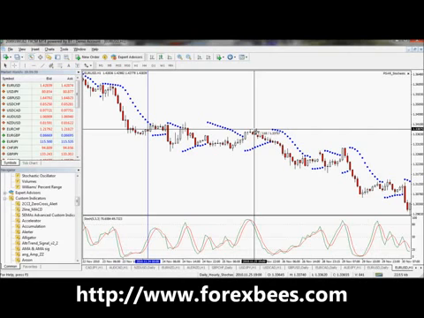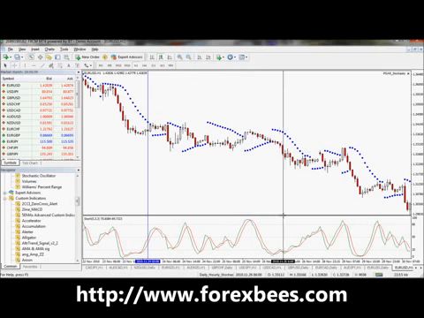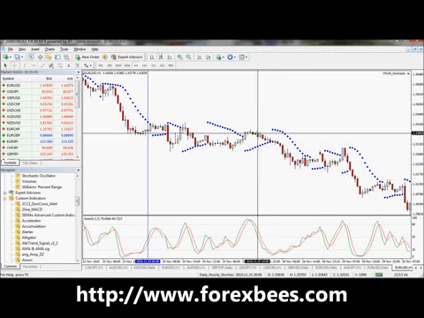Once you enter, wait for the stochastic oscillator to reach the oversold region, and then you can close it. In this case, if we enter here, it would have reached the oversold region in around 40 pips.